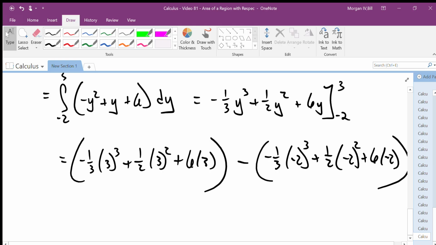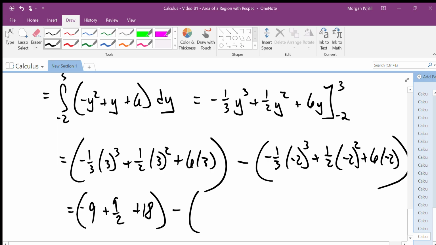All right, let's see, that's 3 cubed 27, divided by 3 is 9. I get -9 plus 9 halves plus 18 minus -8, so positive 8 thirds. 4 would be plus 2, and then -12.